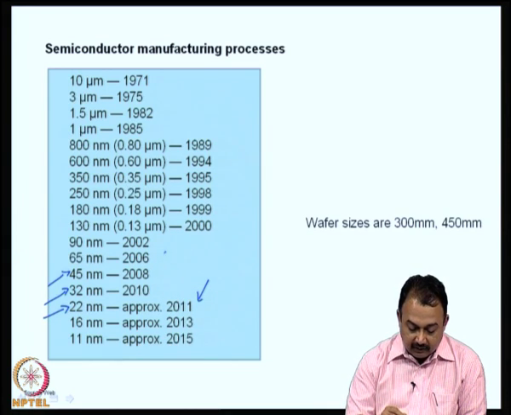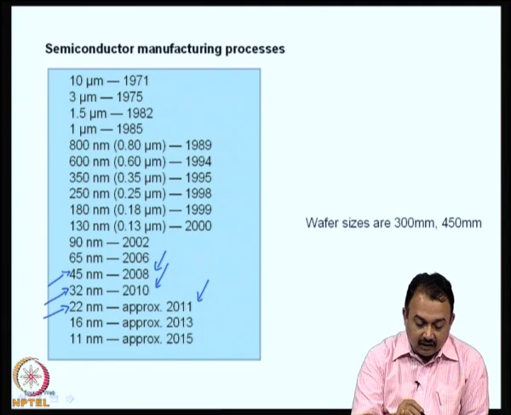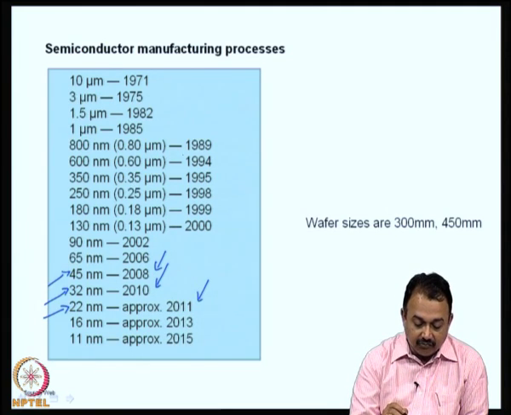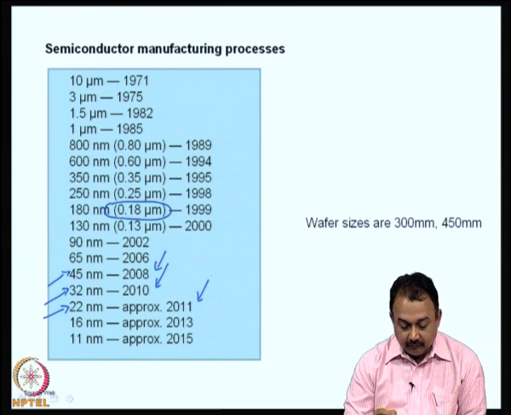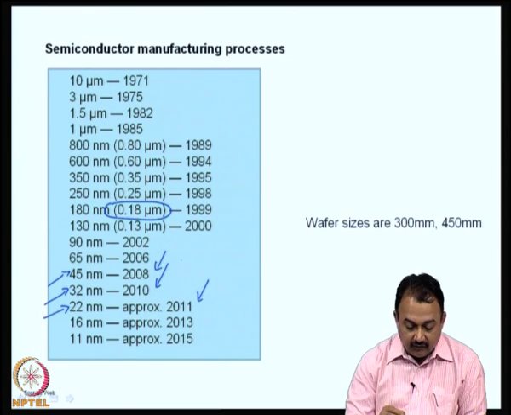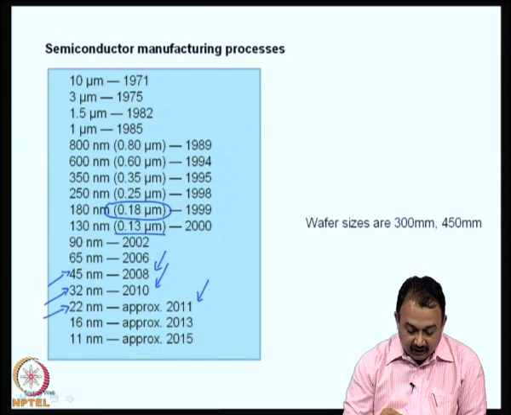Intel has brought out processors in each of these segments, and you can see we have started with 10 micron in 1971 to something like 130 nanometers. 0.18 technology was very popular in those days, and then we have 0.13 by year 2000, and today we are targeting 11 nanometers by 2015.